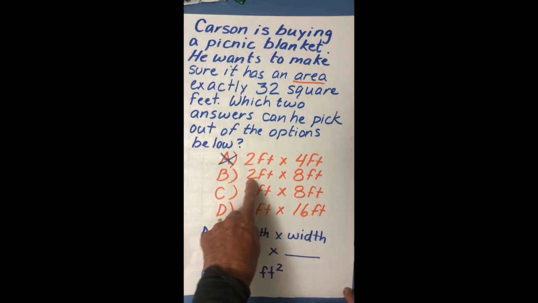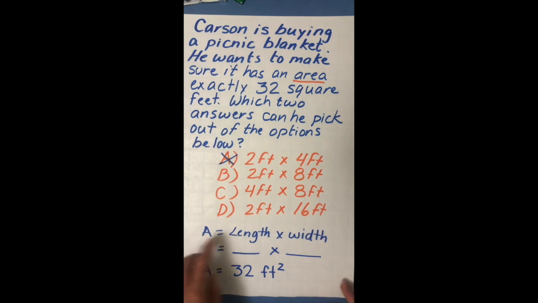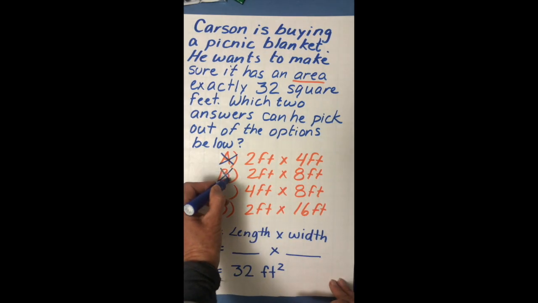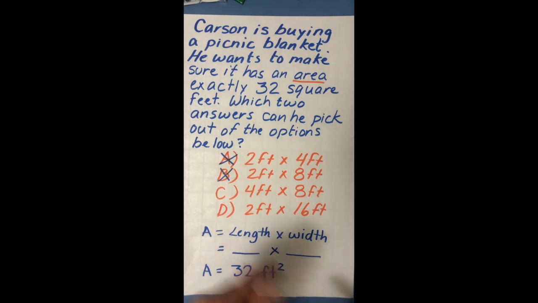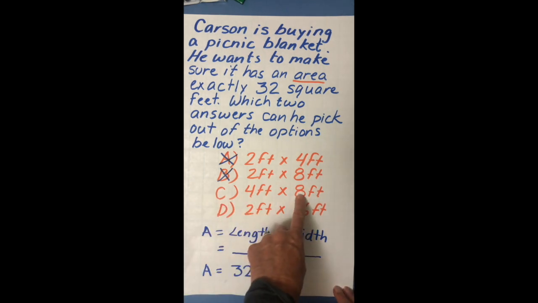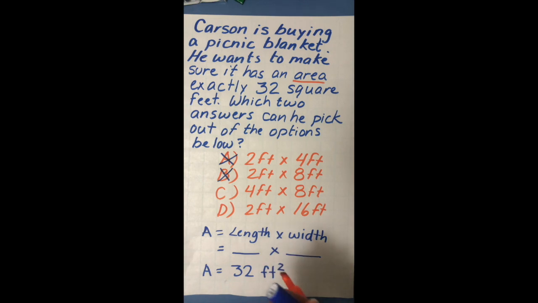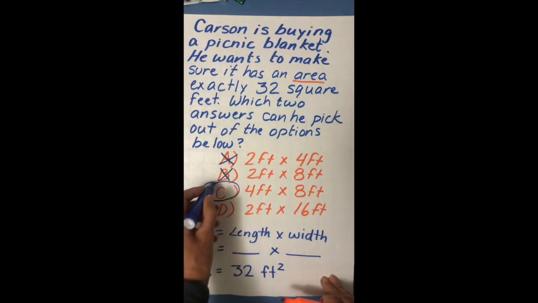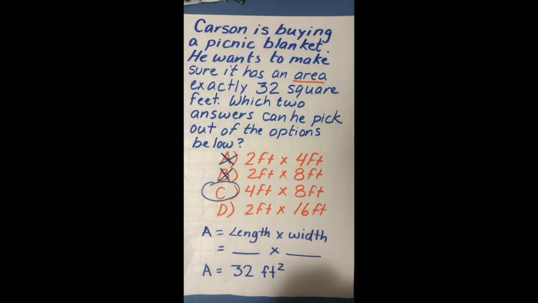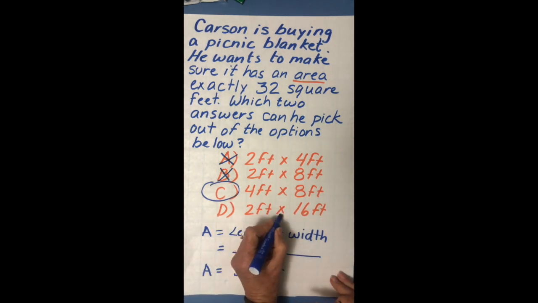B says 2 times 8, which is 16. That is not equal to 32, so again, that is not the answer. Number C, 4 times 8 is 32. Oh, that's correct. That's one of them. I'm going to check to make sure this one works. 2 times 16. Well, I don't know my 16s, but I know that's 2 groups of 16.